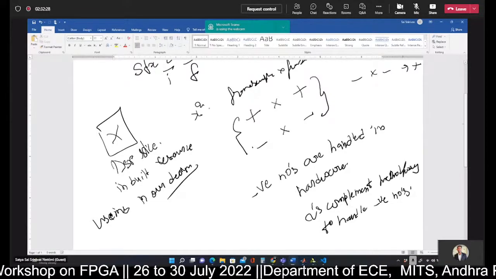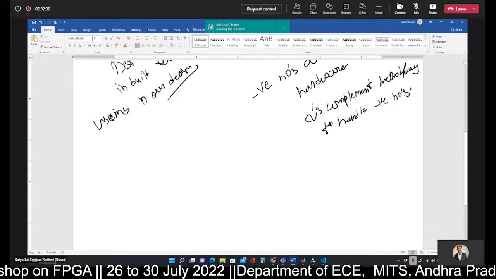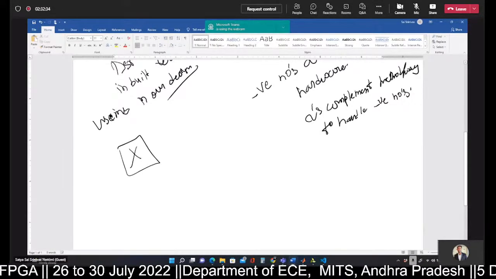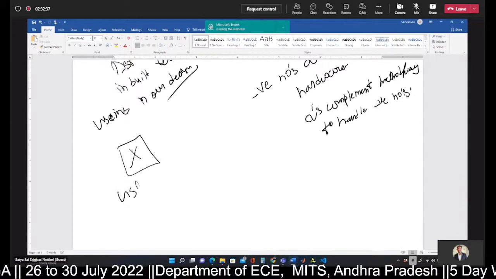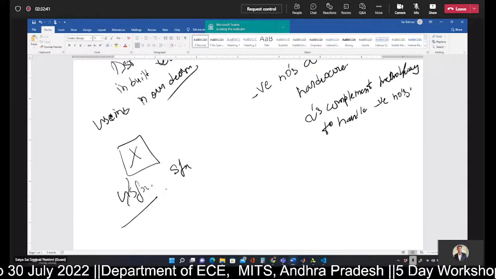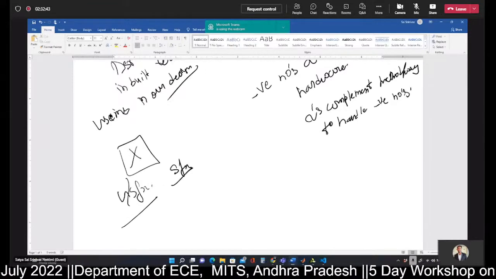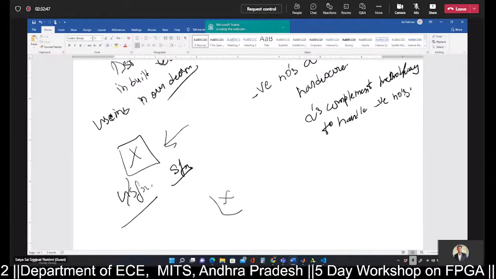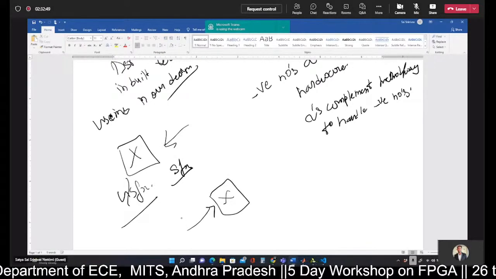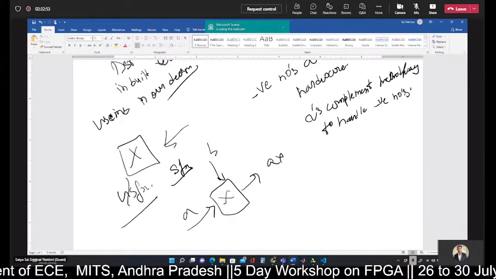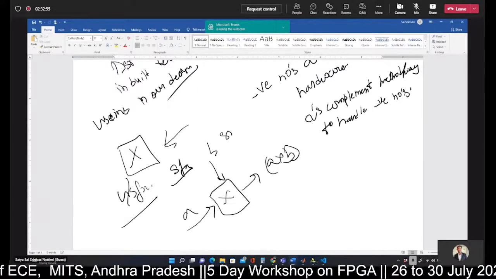It has the capability to operate on unsigned fixed point and signed fixed point numbers. So you have to tell this multiplier that the operands, A and B, whatever I am giving, are signed.